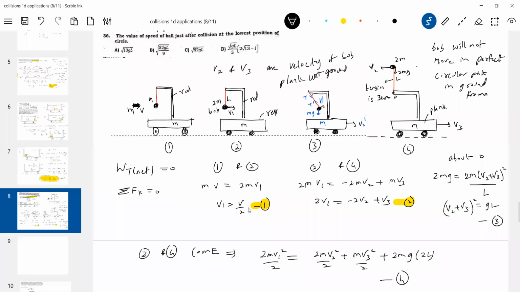Following 1, 2, 3, 4, we'll get the required answer. So v will be equal to root of 52 gL. V1 should be half of that, and v1 will be root of 13 gL. These are the final answers. Do the calculation.